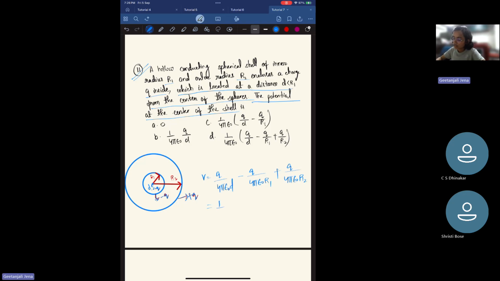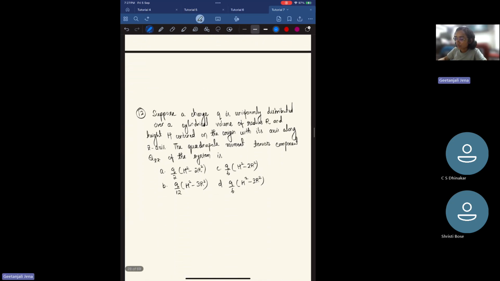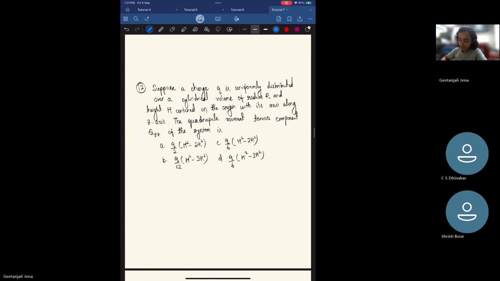So you can see the potential now is Q by 4 pi epsilon naught, times 1 by D minus 1 by R1 plus 1 by R2. Option D. Okay, so let us move to our next problem.